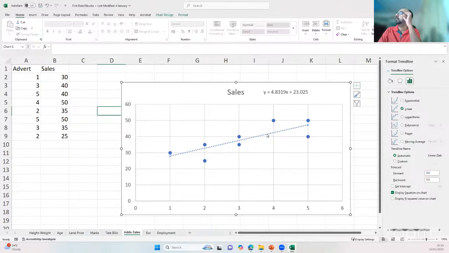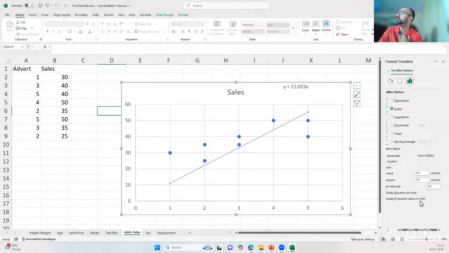There is another option to show R square value. We have not discussed that yet. Then it also has the option to set the intercept to a certain value. If you click here, by default it will set to 0. You can see the line is now going through 0.